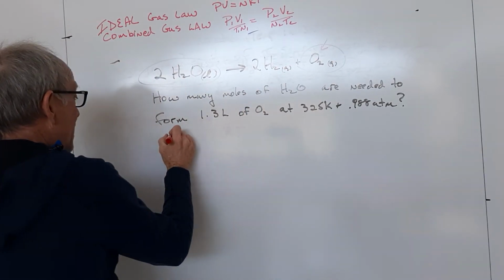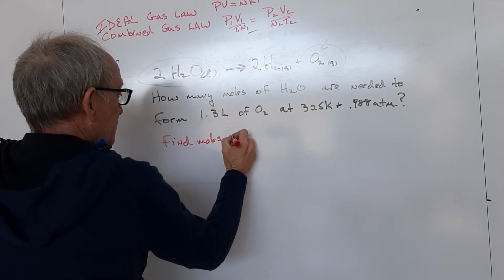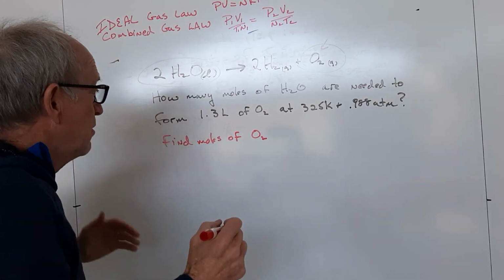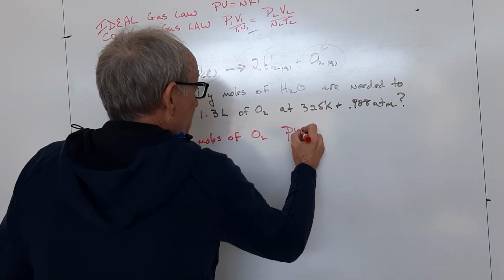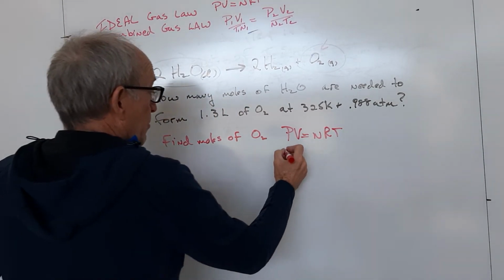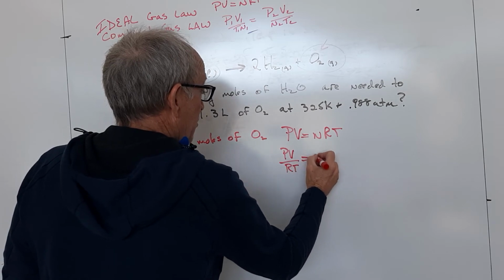So I want to find moles of O2 using the information that was given. Okay, how do I do that? PV equals nRT. PV divided by RT equals my number of moles.